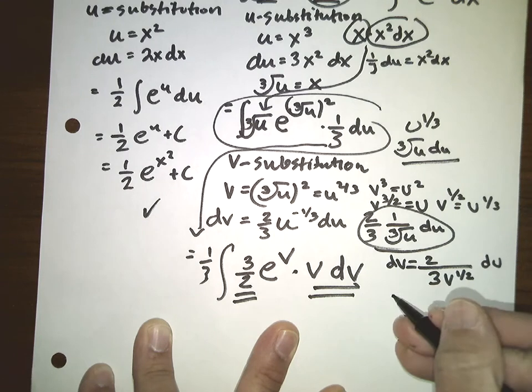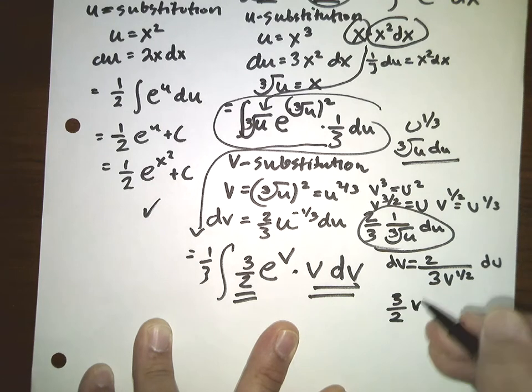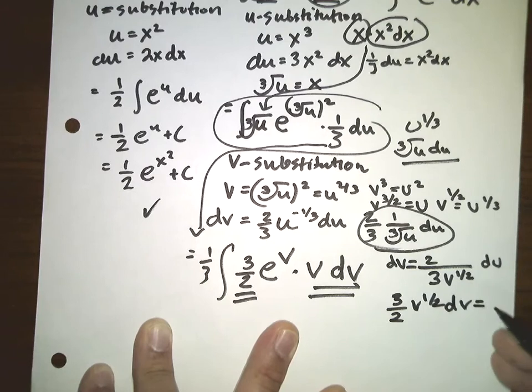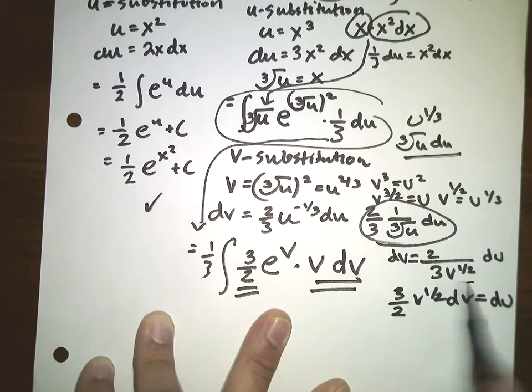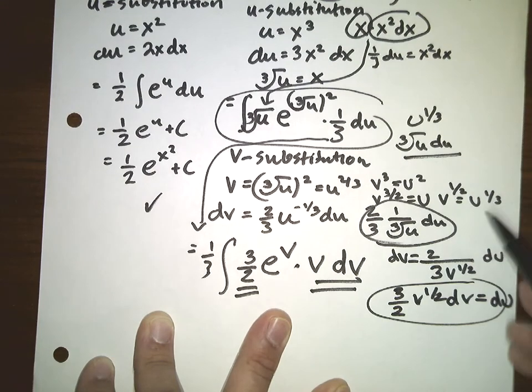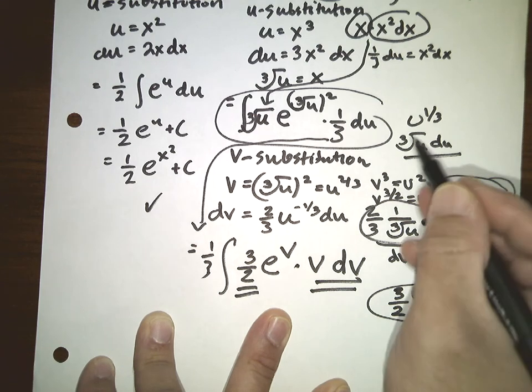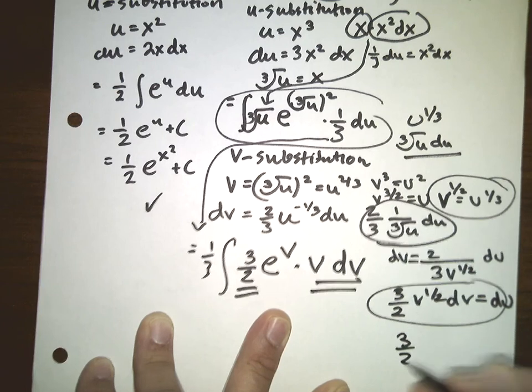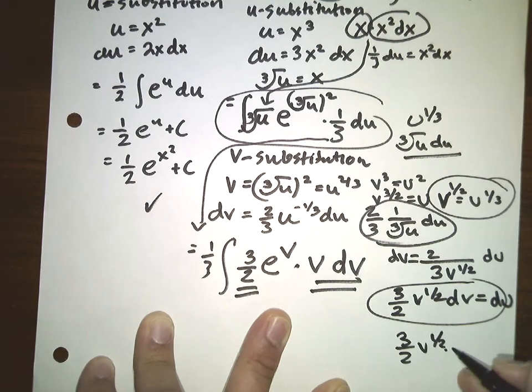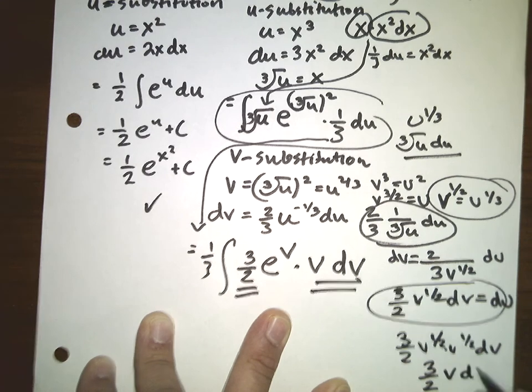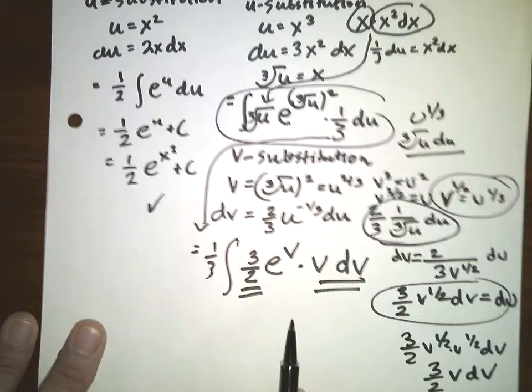So then 3/2 v to the 1/2 dv is du. So then since v to the 1/2 was u to the 1/3, you have 3/2 v to the 1/2 times v to the 1/2 dv, and then v to the 1/2 times v to the 1/2 is v, so that's 3/2 v dv. So that's where that all comes from.